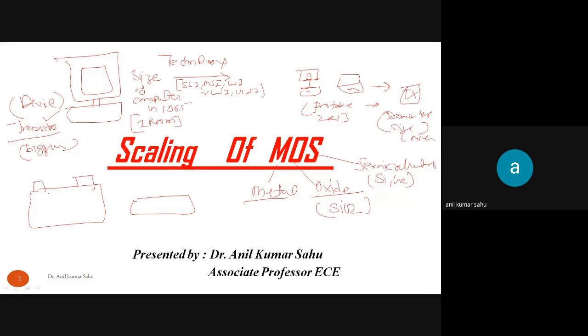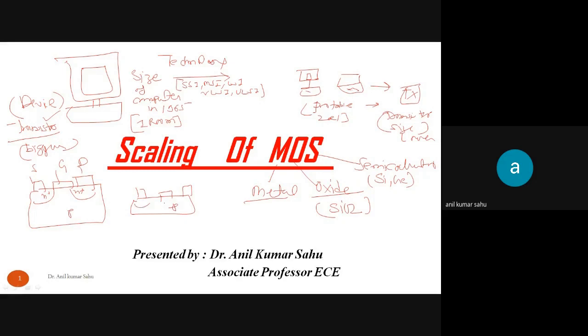Suppose this is your NMOS transistor, right? This is the source, this is the drain, this is the gate. This is N plus, P, N plus. So we want to reduce the size of this device, right?